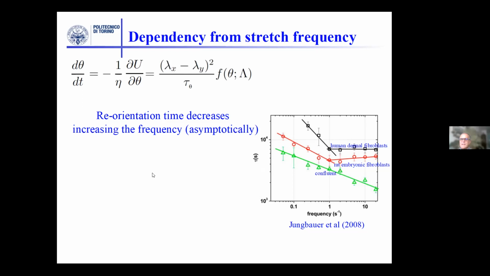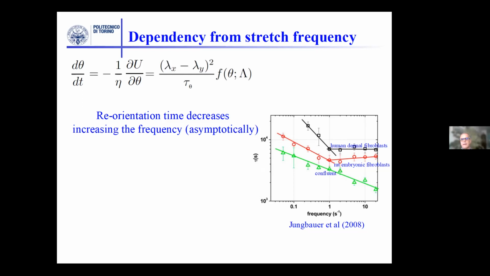Now the thing is that this feature cannot be described by the model that I was introducing until now, because you need to introduce an intrinsic time. The elastic model has the property to adapt immediately to the deformation. That is, you deform cyclically, and the material will respond at the same time.